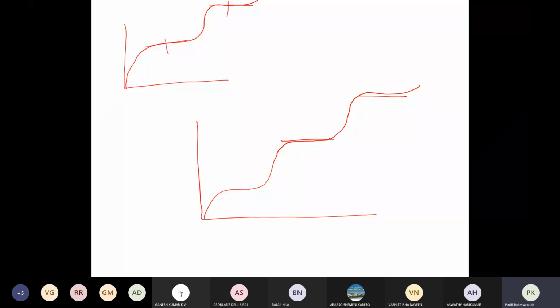The flat regions are nothing but the buffering zones, where addition of alkali does not cause much change in the pH. You can see here, this region has a dramatic change in pH when you add alkali, whereas this region doesn't have much change in the pH. So these are the buffering regions.